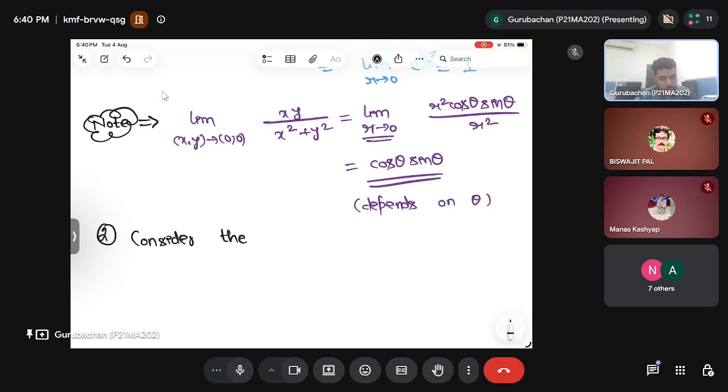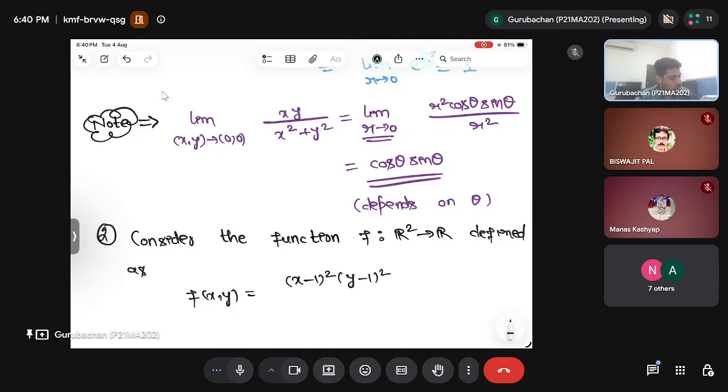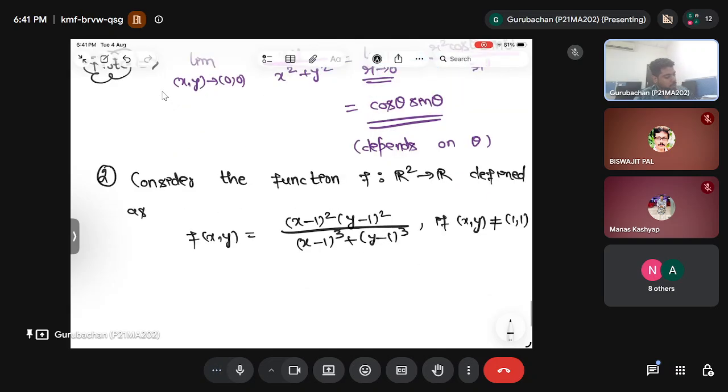Consider the function f from R square to R defined as f(x,y) is equal to (x minus 1) whole square (y minus 1) whole square divided by (x minus 1) whole cube plus (y minus 1) whole cube, where (x,y) is not equal to (1,1).